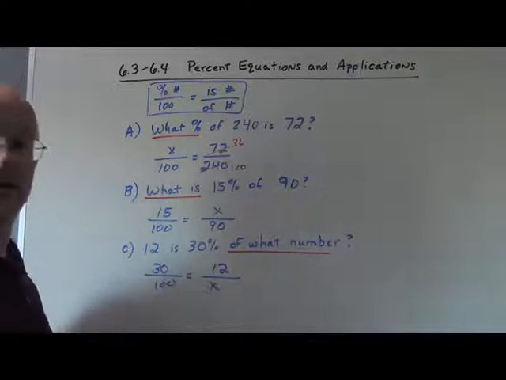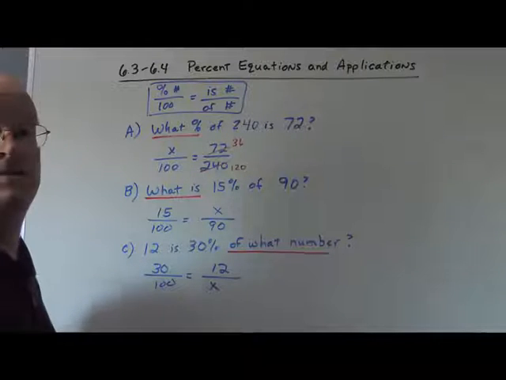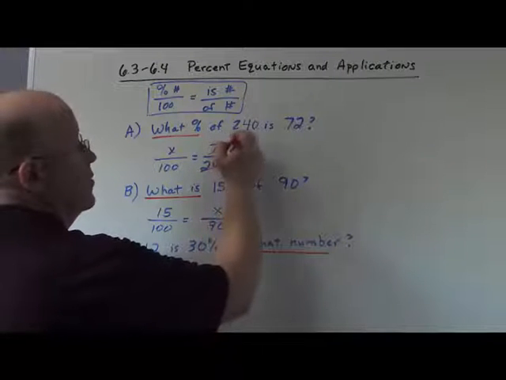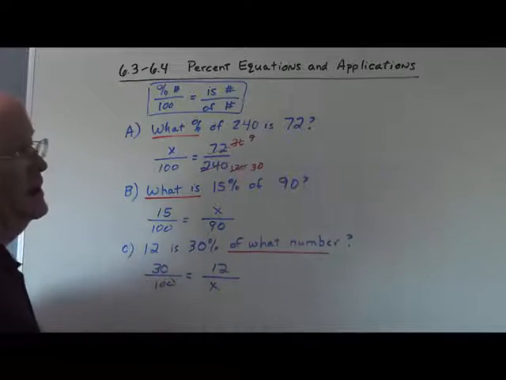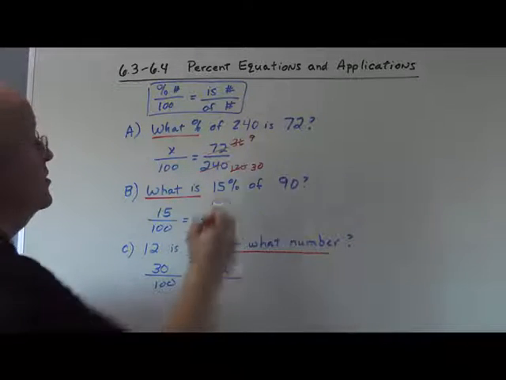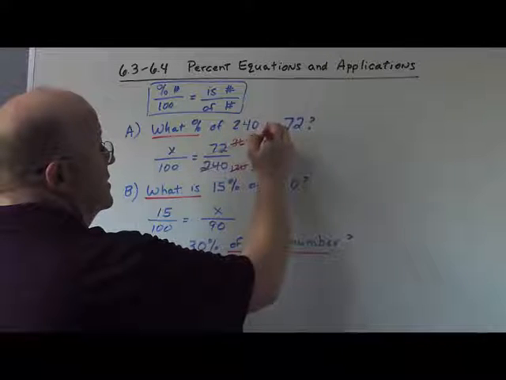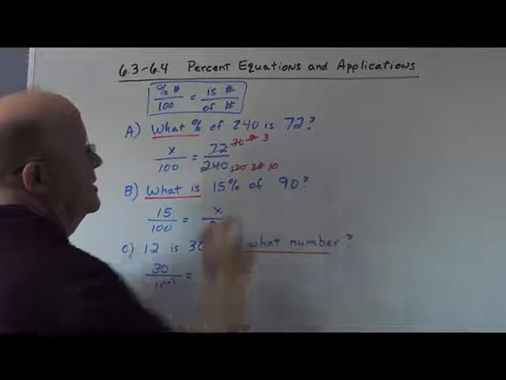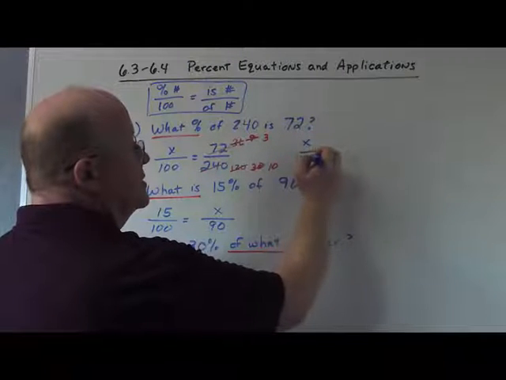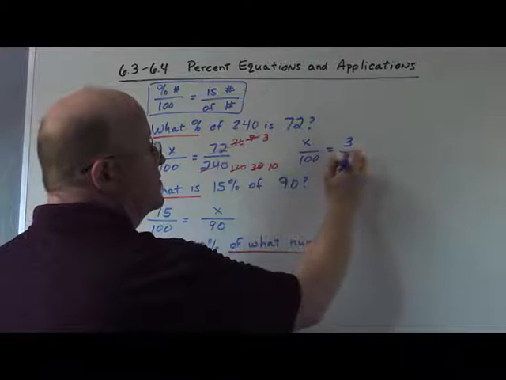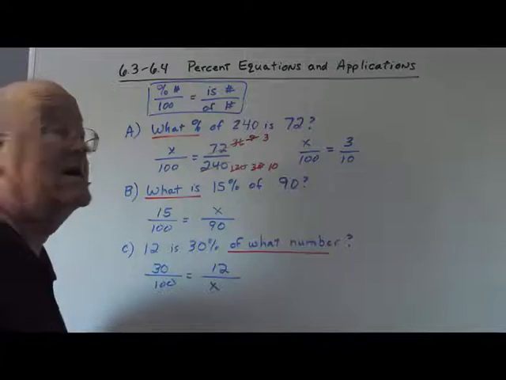And they're both even still. And I would actually divide by 4 now. Divided by 4 gives me 9 and 30. Okay, they're divisible by 3, so let's divide by 3 and get 3 and 10. Now what I have is X over 100 equals 3 over 10, which is a lot easier to solve.